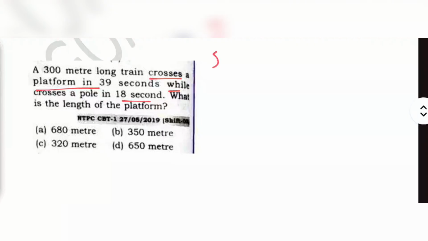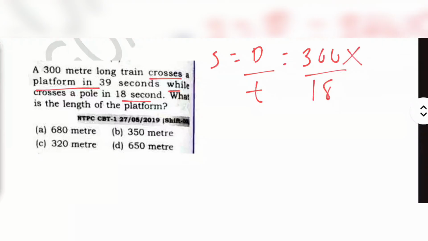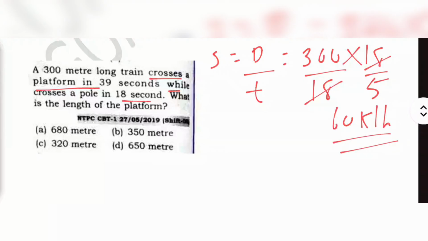So speed of the train is nothing but distance upon time. You are given 300 upon 18, and if we convert this into kilometers per hour, it is into 18 upon 5. This and this get cancelled, so the speed of your train is nothing but 60 kilometers per hour.